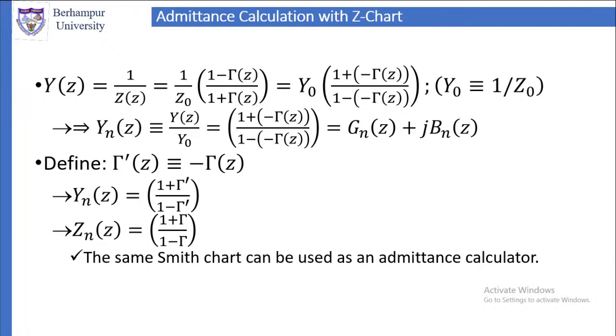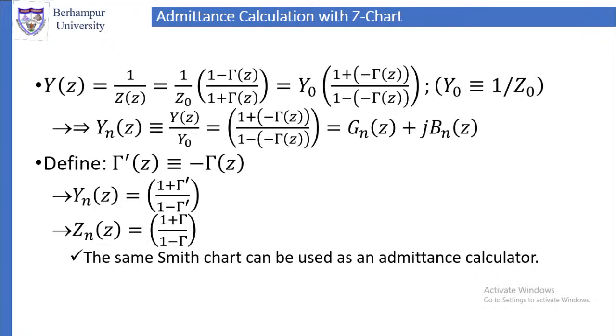Now, if you look at the expression, it has 1 plus minus gamma and 1 minus minus gamma. Let us define gamma dash as minus gamma. Then Yn is equal to (1 plus gamma dash) by (1 minus gamma dash). Similarly, if you remember, Zn is equal to (1 plus gamma) by (1 minus gamma).